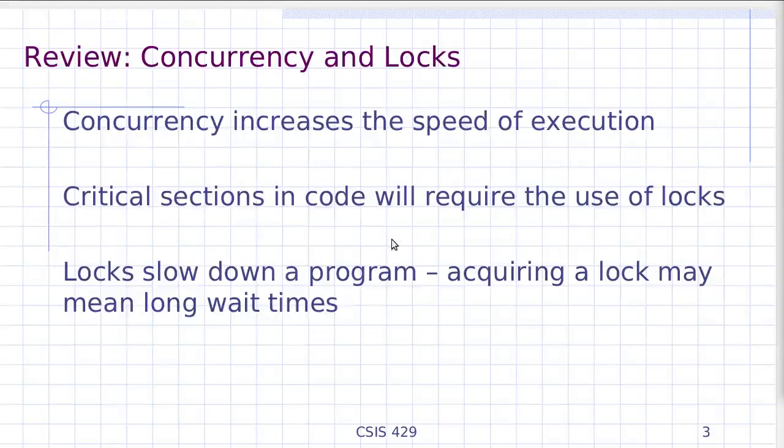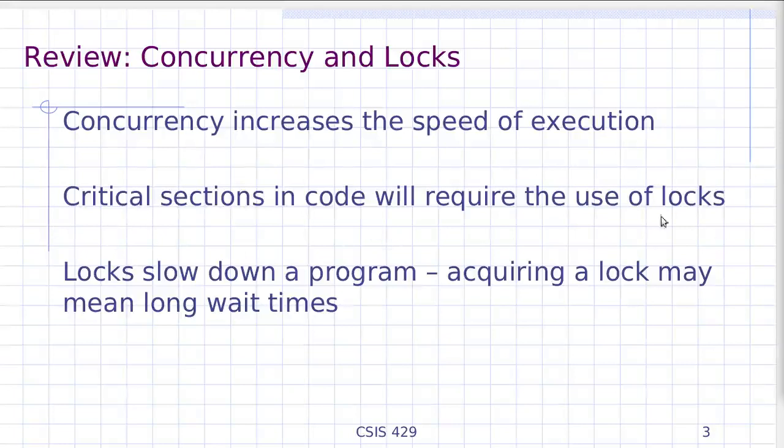Remember that we use multi-threading because it makes things faster. By using concurrency, we increase the speed of execution, we reduce the time we need to execute a program. However, this gives us critical sections in our code, and then we have to fix that, and the fix is using locks.